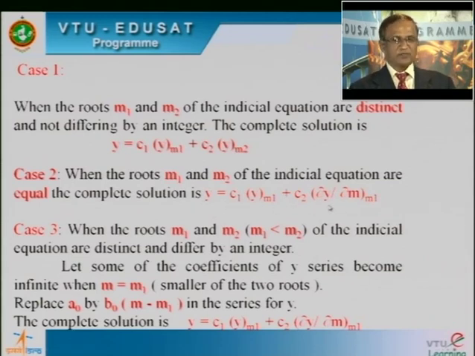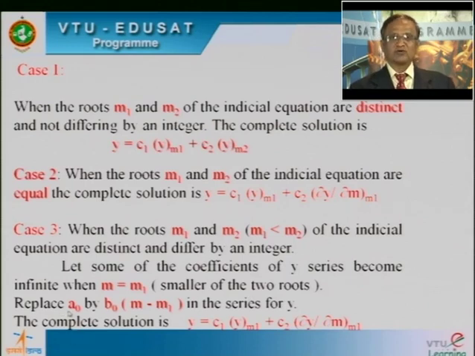Okay. When the roots m1 and m2, m1 may be less than m2, of the indicial equation are distinct and differ by an integer, in that case, let some of the coefficients of the y series become infinite when m is equal to m1, it means the smaller of the two roots.